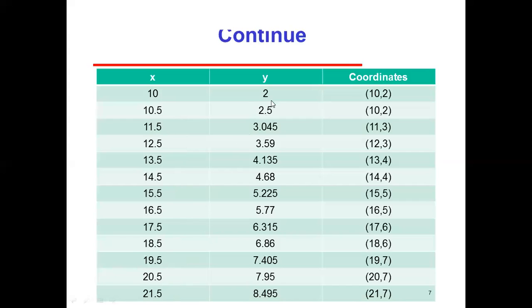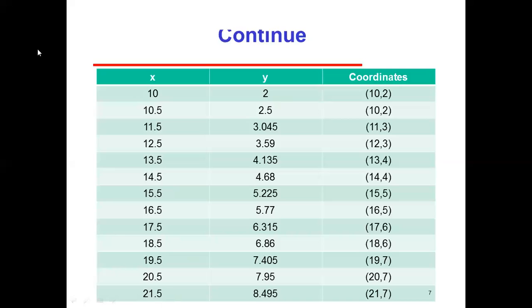After initializing by 0.5, we will add the value of epsilon delta y, which is 0.545. That's why we add 0.545 to each new value of y.